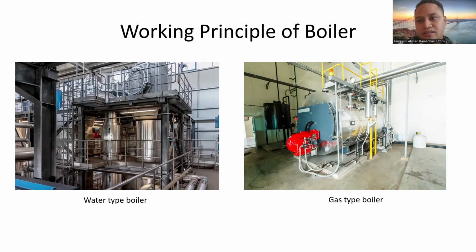So, if we talk about the differences between the two types of boiler, the energy from a water type boiler and a gas type boiler, of course, have differences in energy source.